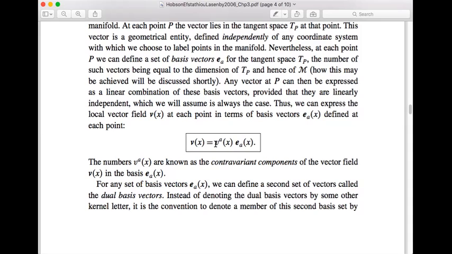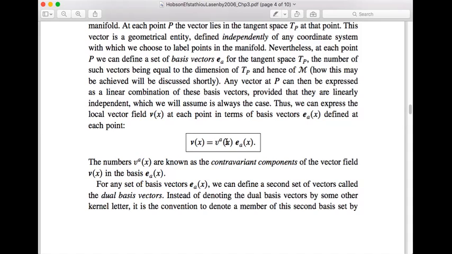Those are the components of the vector, right? The components are a function of position and are multiplied by the basis vectors. There's the component times the relevant basis vector. In other words, the index here is the same as the index there. And these basis vectors in turn are functions of the space. They have to be, because the vector spaces themselves change with position in the manifold.